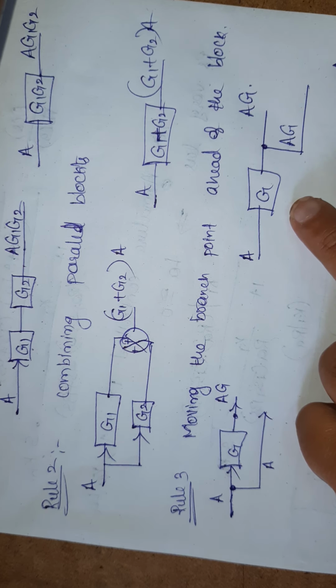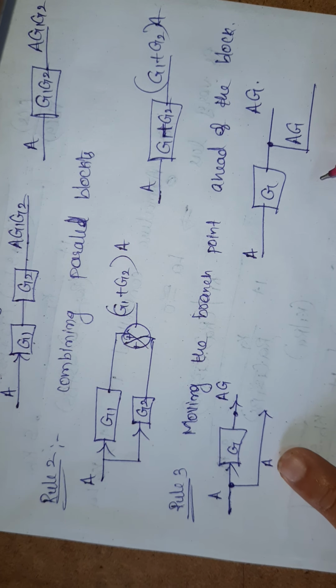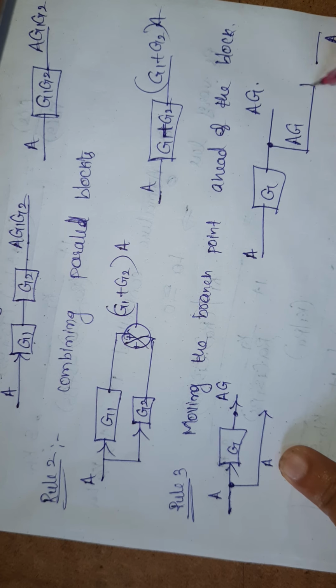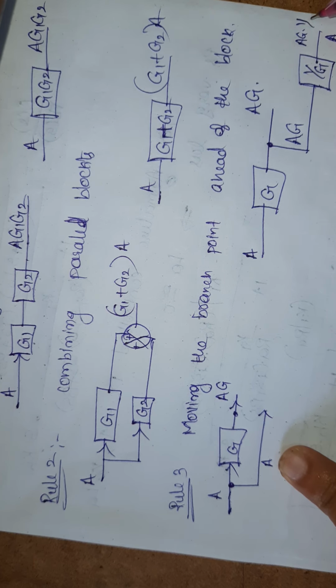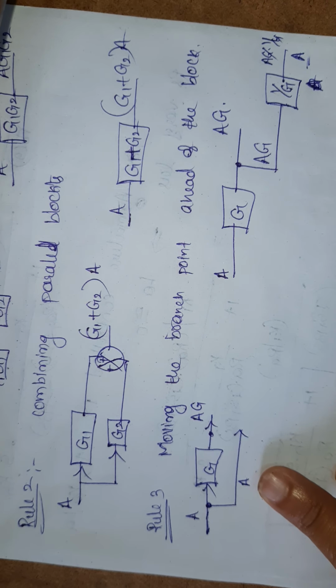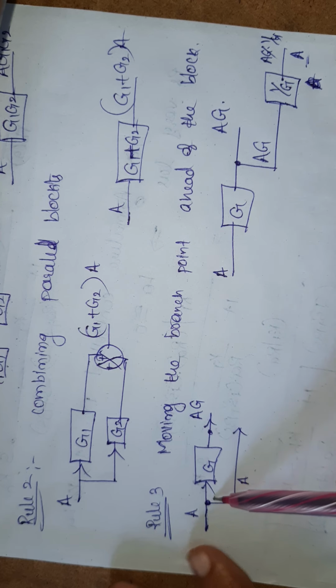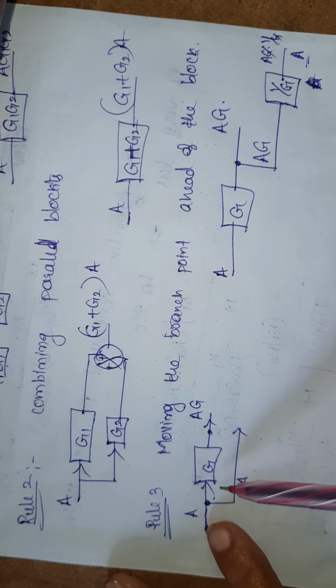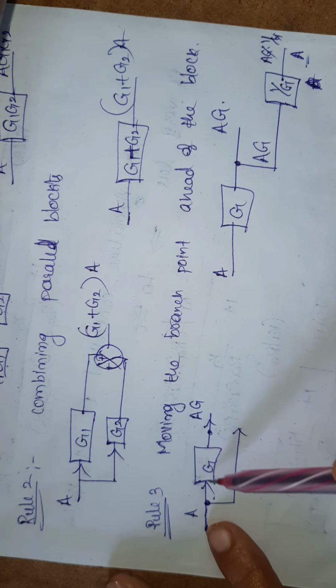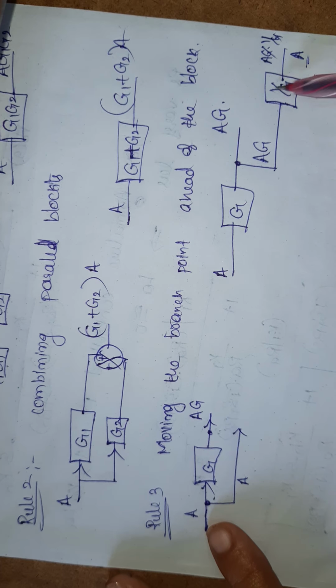So AG is coming here, but what I have to get is A. To get A as output, I have to multiply AG with 1 by G, such that AG and 1 by G multiplied give only A. So if I move a branch point ahead of this block, I will get one more block in the branch, that is 1 by G, the reverse of this forward block.